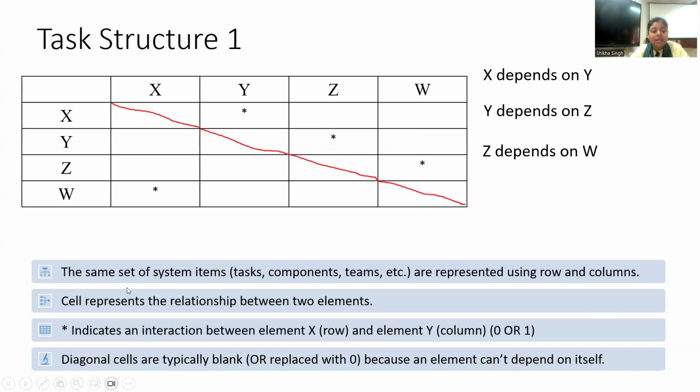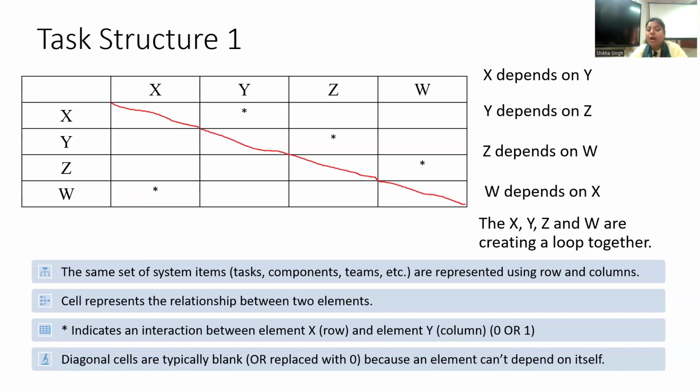In the last cell, the row belonging to W, W is not related to Y, Z and W itself, but related to X only. In what sense? W is receiving information from X, and X is the predecessor to W. So this is how W depends on X. And you see, X, Y, Z and W are creating a loop.